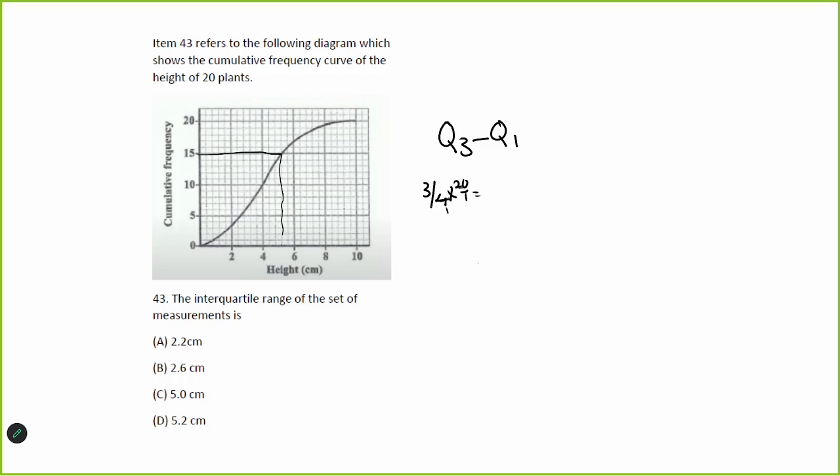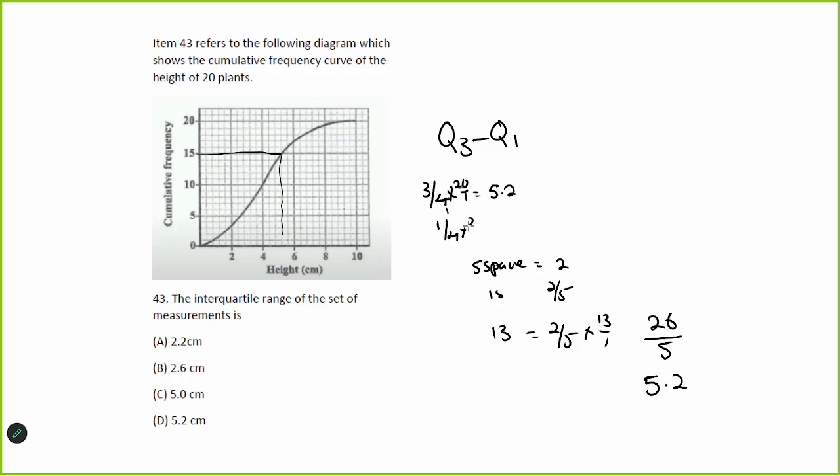So if 5 spaces is equal to 2, then 1 space will be 2/5, and then we have 10, 11, 12, 13. 13 spaces will be 2 over 5 multiplied by 13 over 1. That is 13 by 2 is 26, divided by 5, that is 5 and 0.2. So your third quartile is 5.2. And your first quartile is 1/4 by 20, which is 5.